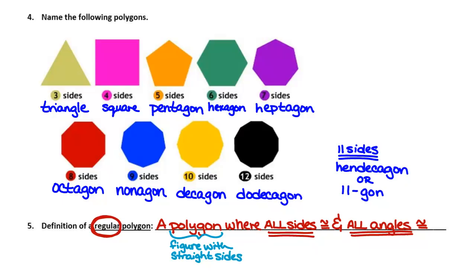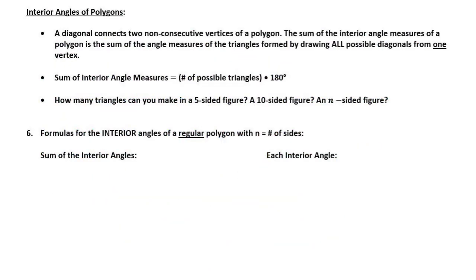You're welcome to come up and grab that. We're on page 2. Yesterday, the video that you watched talked about the exterior angles of a polygon. Today, we're going to focus on the interior angles of a polygon.